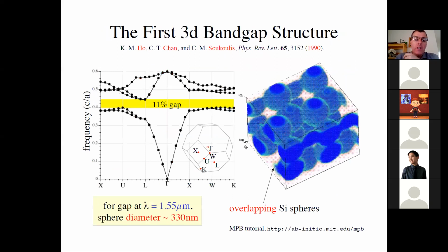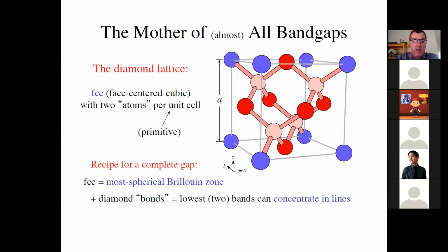So initially, all of these things were studied in computer simulations because doing the calculations is way easier than making the things. But initially, they tried packings of spheres, and they found that you need to have a pretty high refractive index contrast. Diamond is nice because if it's diamond, you can get a lower refractive index contrast.